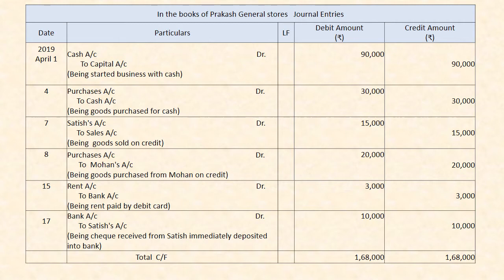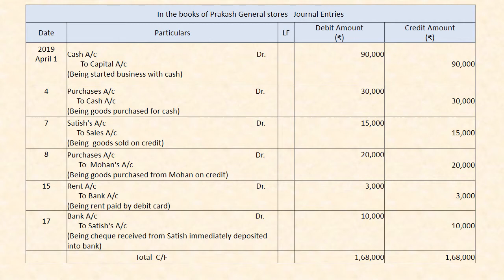Now always remember this, transactions are recorded in the journal date wise. See, in the given problem, the first transaction is dated on 1st April. So write the date first. What is that transaction?